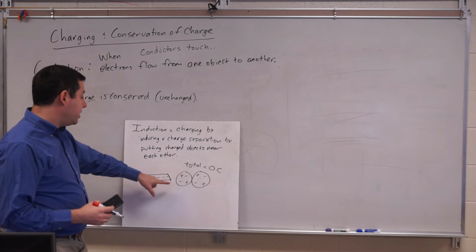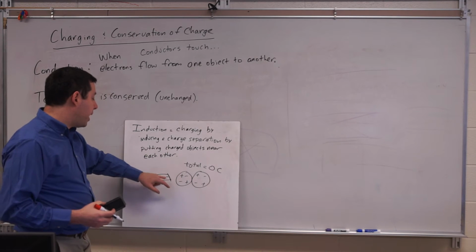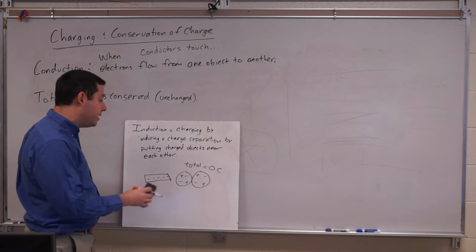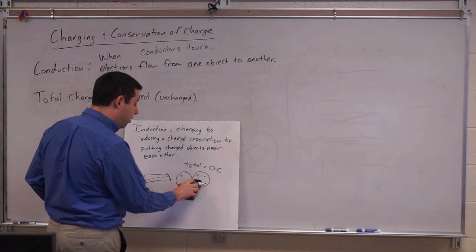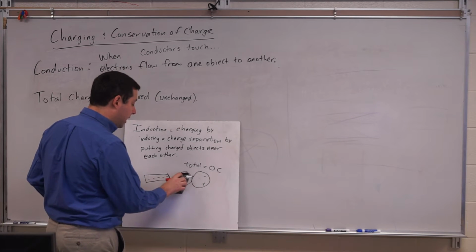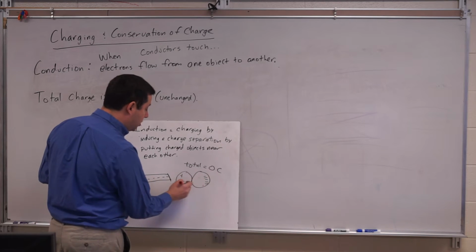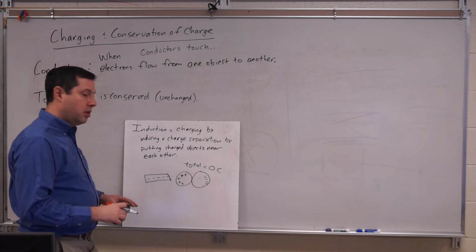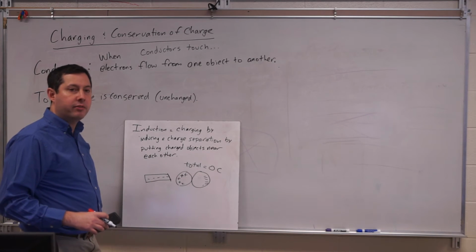But what we find is that because the electrons in these objects are repelled by the electrons in this rod, you end up getting electrons moving from the left side to the right side. That leaves gaps here, such that the left side is positive and the right side is negative.